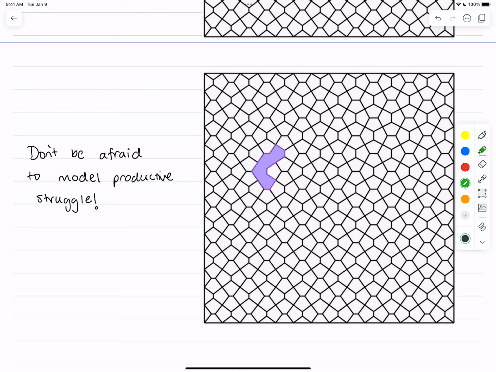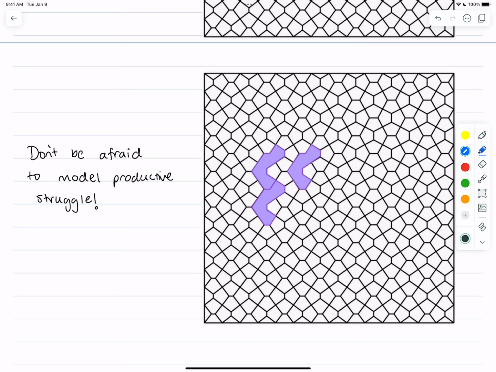Does this tile the plane? You can play around with it. It's really strange, but let's get another one going. If we try to move it around, well, it can go here, I guess, or it can go here. But I don't think there's a way to get this to work. Yeah, this doesn't look like it's going to work.